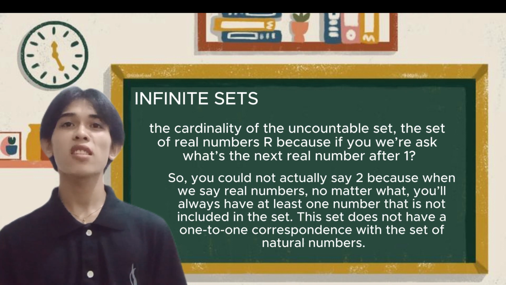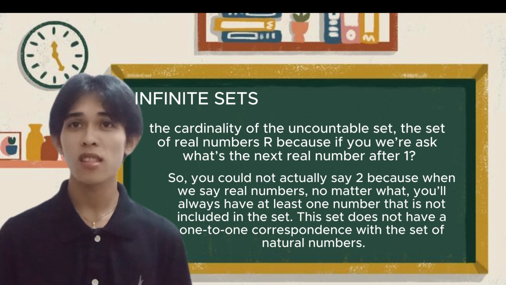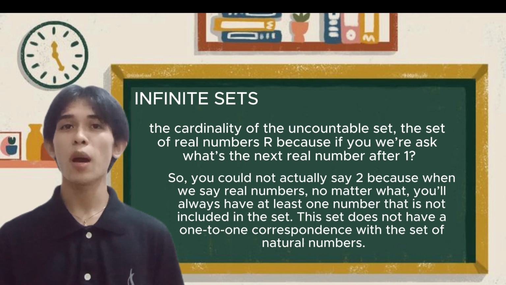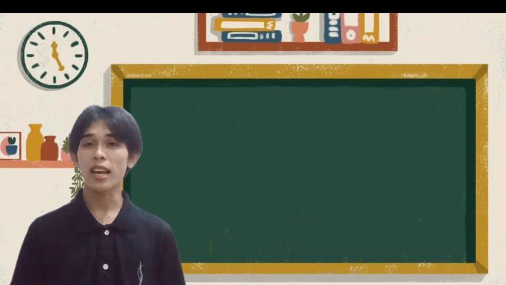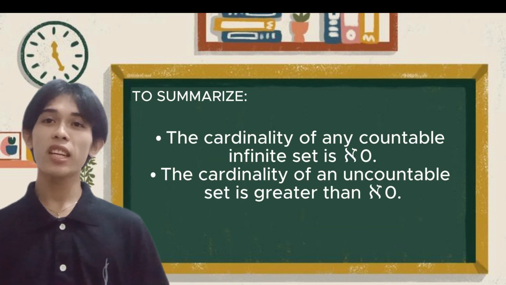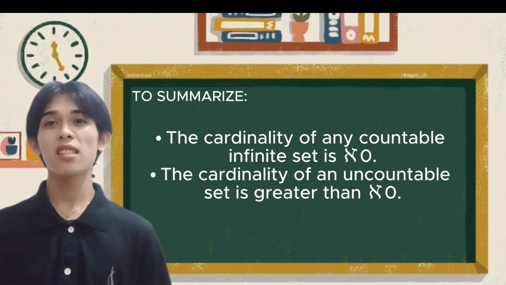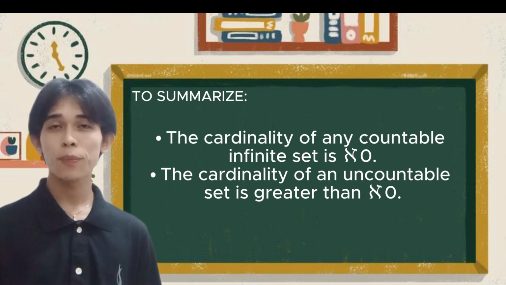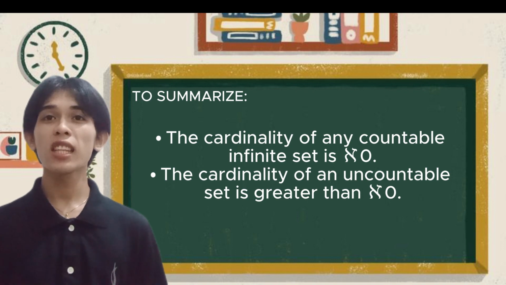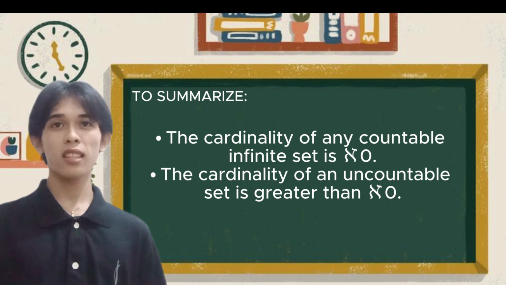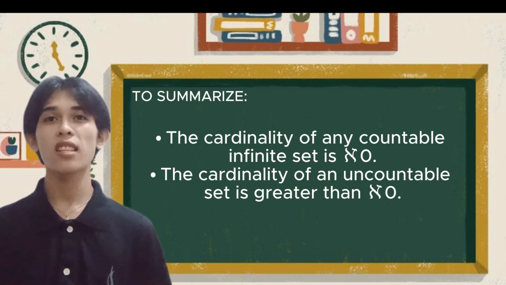This set does not have one-to-one correspondence with the set of natural numbers. To summarize, the cardinality of any countable infinite set is ℵ₀, or null. And the cardinality of an uncountable set is greater than the null, or ℵ₀.